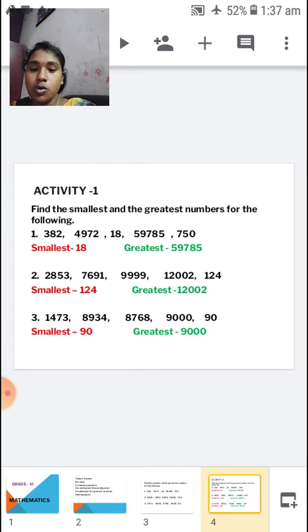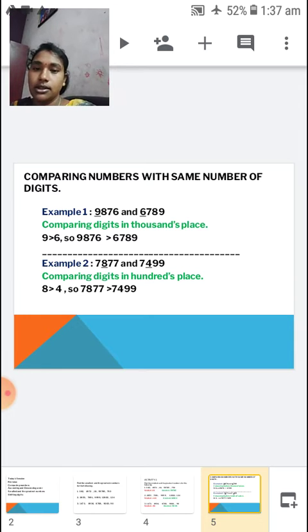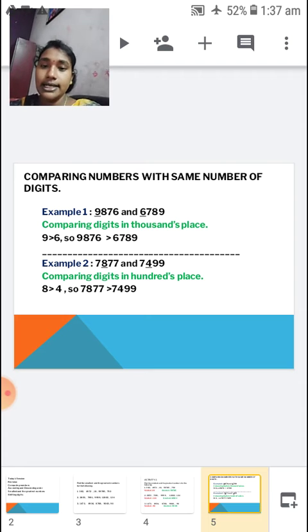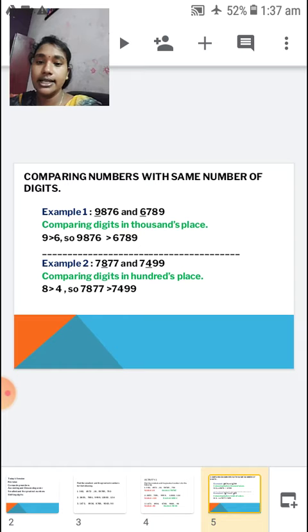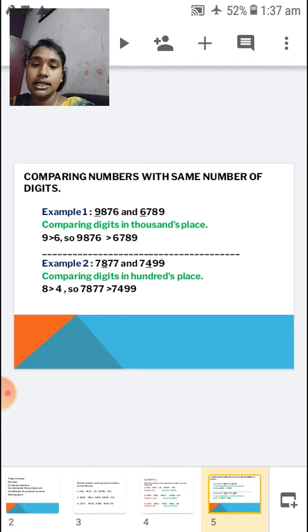Okay, so let us move on to the next thing. We are going to compare numbers with the same number of digits. So for example, when I have 9,876 and 6,789, both have the same number of digits. But how are we going to compare them? Yes, we are going to compare them with the digits in the thousands place, that is towards your leftmost.